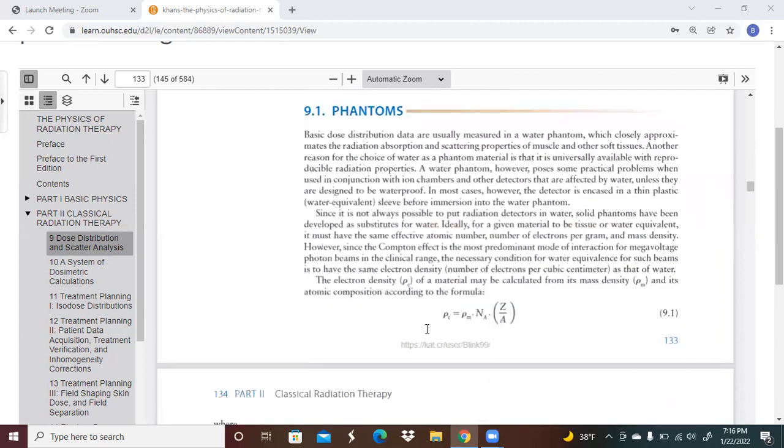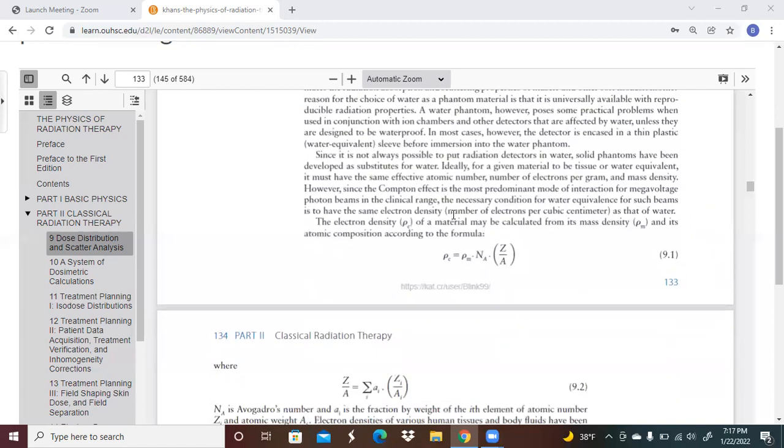Now, in phantoms here, we're going to take some material that's very, very close to water in terms of density, and we're going to make measurements from that. It is something that we can produce and that we can reproduce if necessary. Usually a water phantom is going to have problems with ion chambers and other detectors unless they're designed to be waterproof.